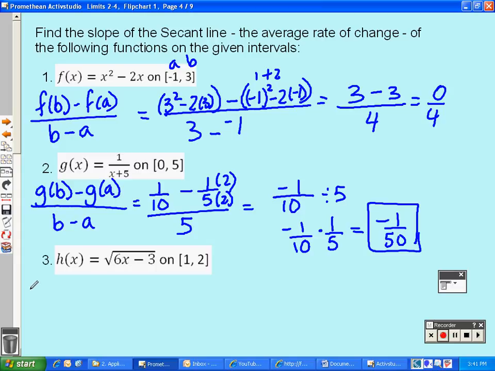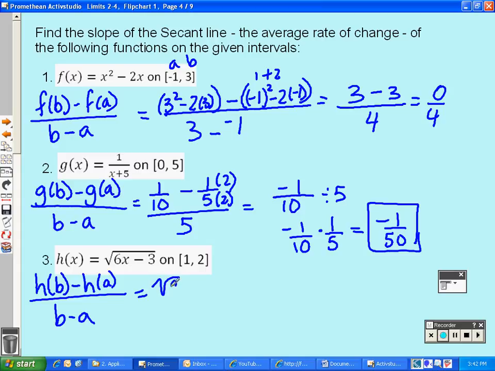Let's do the last one, h of x. We're going to do h of b minus h of a over b minus a. If I plug in 2, I get the square root of 6 times 2, which is 12. 12 minus 3 is 9.